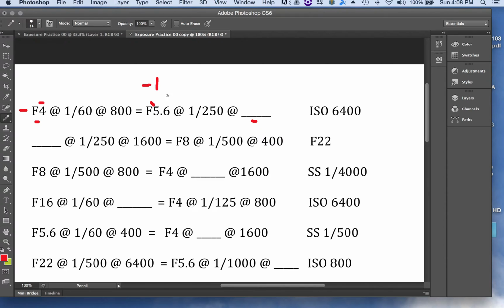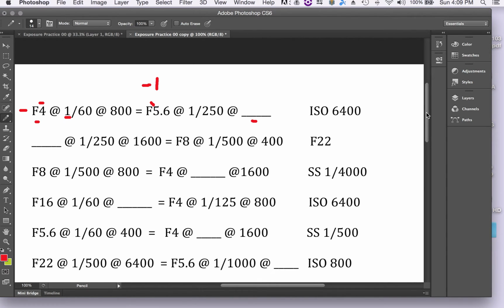So -1. Then you go to your other known factor. In this case, it's the shutter speed. Over here, it's open for 1/250th of a second, and over here, it's at 1/60th of a second. So that means that it's allowing less light to come in at only being open for 1/250th of a second than 1/60th of a second by a factor of, in this case, 2.